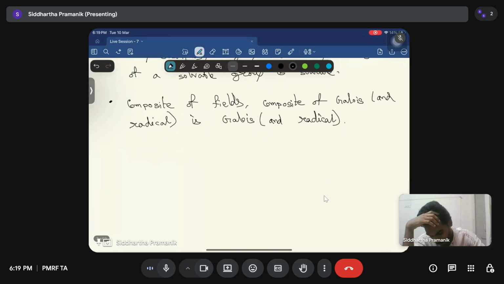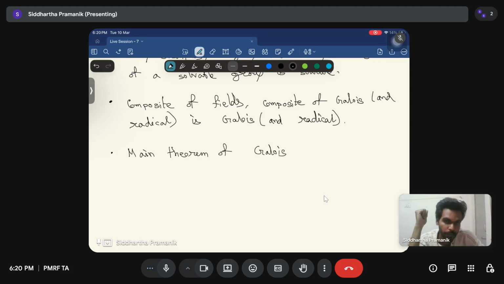Then we have mentioned the main achievement of Galois, who translated this problem of solvability into a group theoretical problem. That main theorem of Galois states that a polynomial is solvable if and only if its Galois group is solvable.